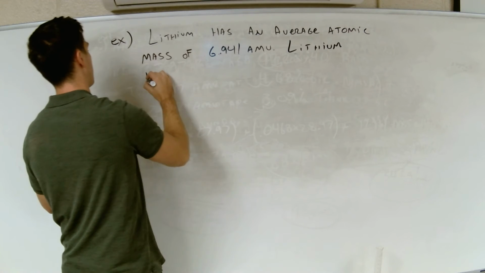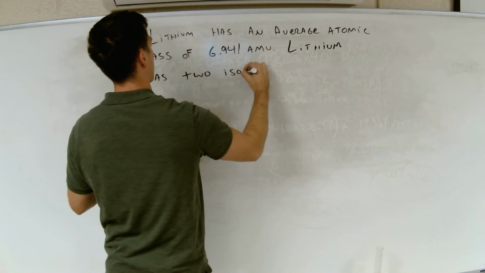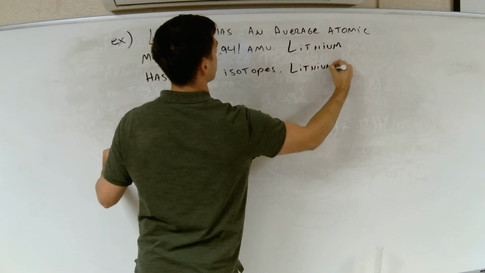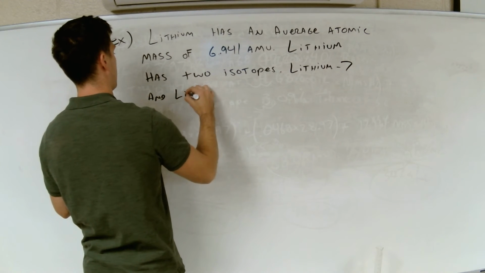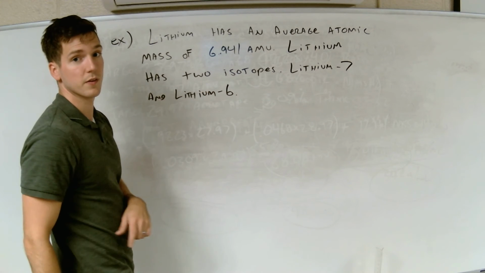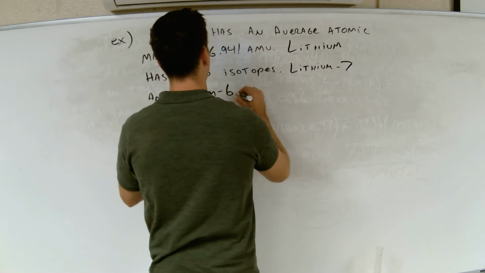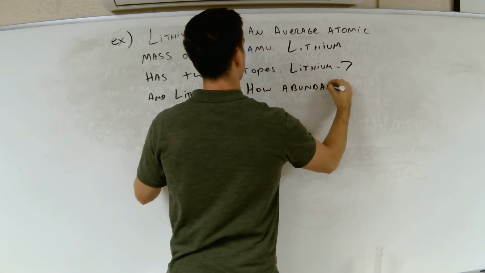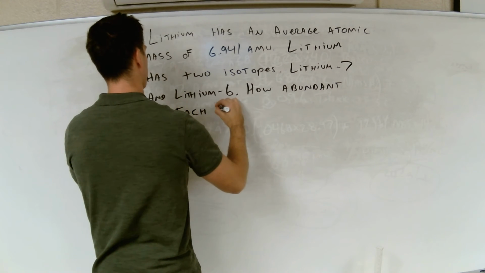Lithium has 2 isotopes, lithium 7 and lithium 6. Okay, so we got average atomic mass and we got 2 isotopes, and I want to know how abundant is each isotope.